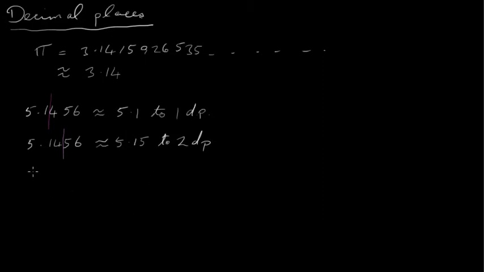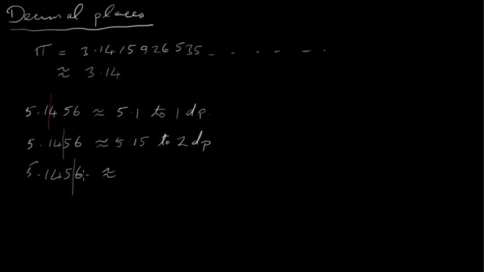And so on. If I want to round this 5.1456, if I want to round that to 3 decimal places, what I do is I go 1, 2, 3. There's my 3 decimal places. Draw a line there. Now I'm going to write down here on this side 5.145, or I'm going to write down 5.146.